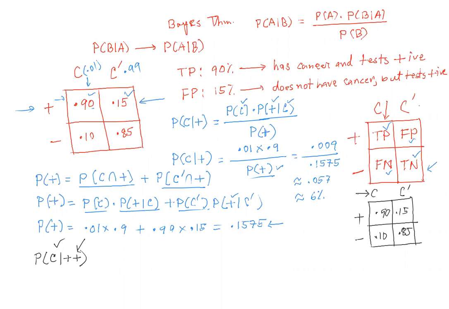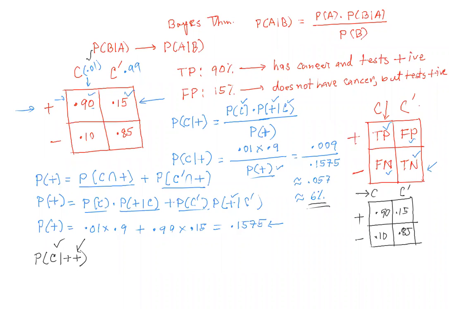So the people that we are considering here who are testing positive twice are actually coming from the population of people who already have tested positive once. It is not the ordinary population anymore where there is a 1% chance of having cancer. It is actually 6% chance.